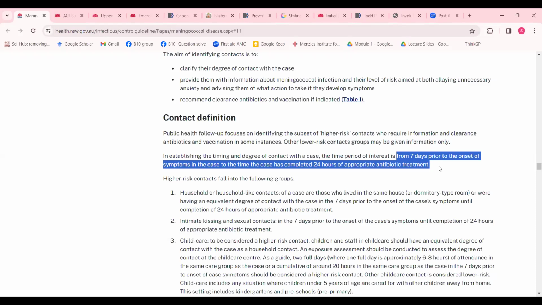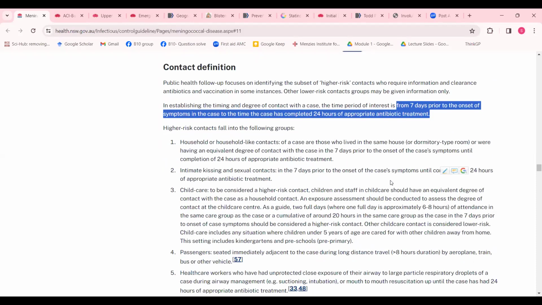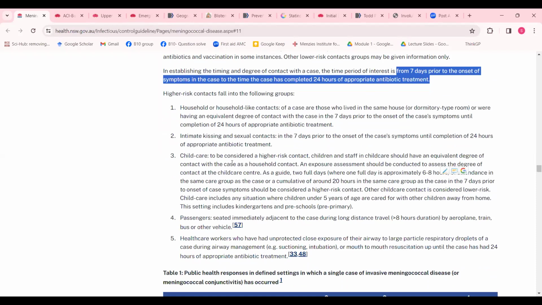But if it is within this period, then you have to figure out whether the contact is a high risk contact. High risk contacts are of 5 groups.